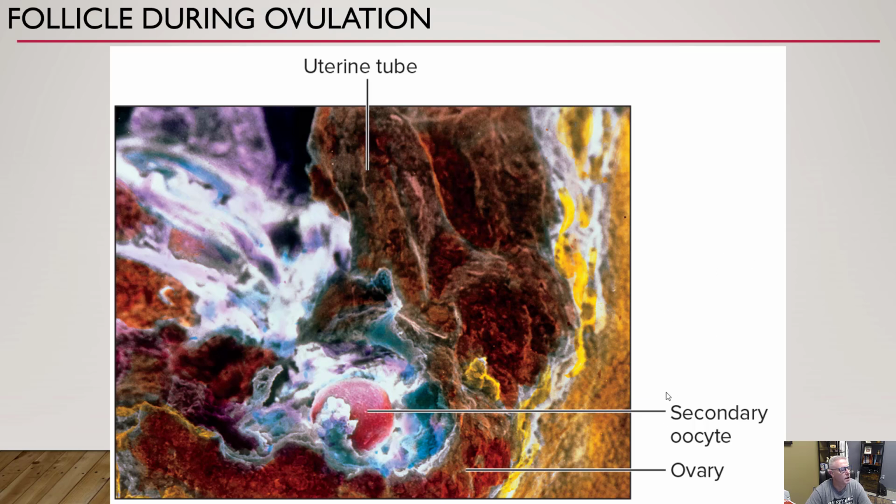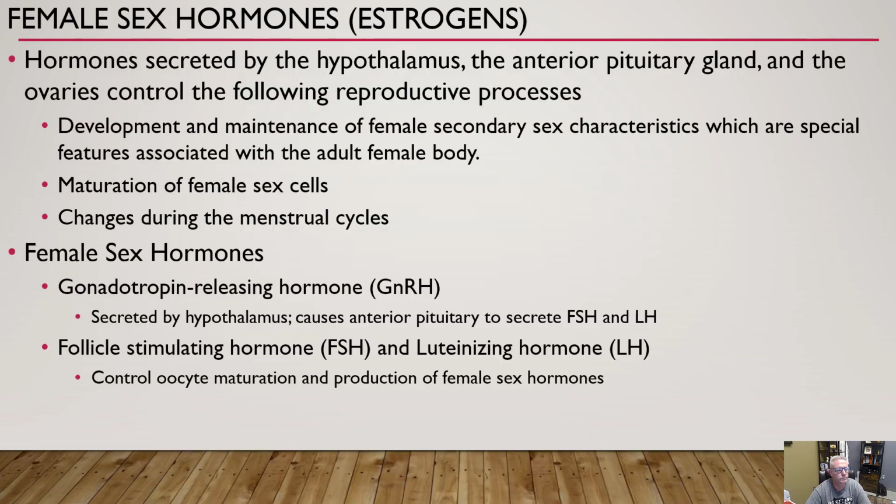All right. Here's just a picture of your secondary oocyte as it's getting expelled from the ovary. Female sex hormones, or your estrogens, remember, are going to be released by the hypothalamus, go through the anterior pituitary gland.